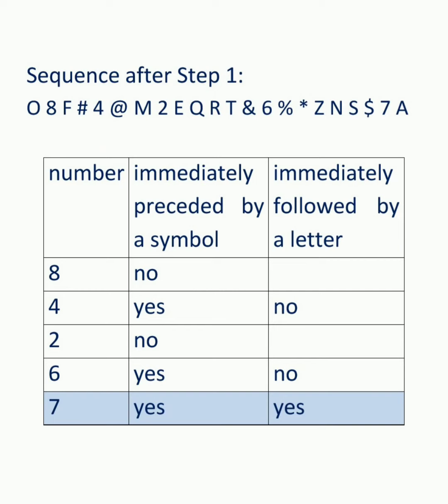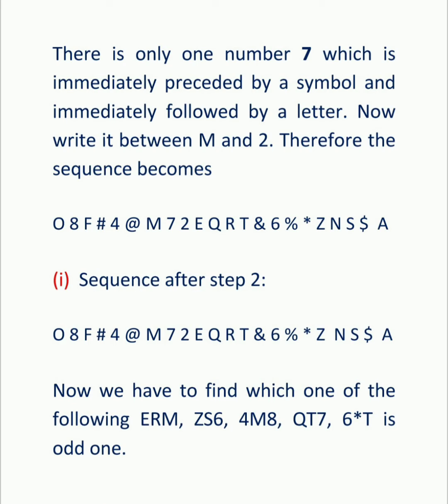Then 4: first condition satisfied, second condition no. Then 2: first no, so I didn't check the second one. 6: first one yes, second one no. And 7: first one yes, second one also yes. Therefore there is only one number, 7, which is immediately preceded by a symbol and immediately followed by a letter. Now I write this number 7 between M and 2. Now we have the sequence after applying step 1 and step 2. So we use this sequence to answer the given questions.